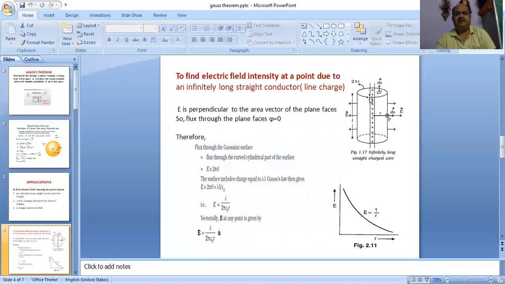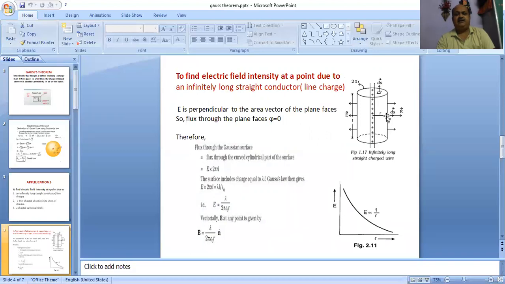Here I have taken an infinitely long straight conductor of length L. And we know that electric field lines move away from positive charge. So I have shown the direction of electric field away from the conductor.